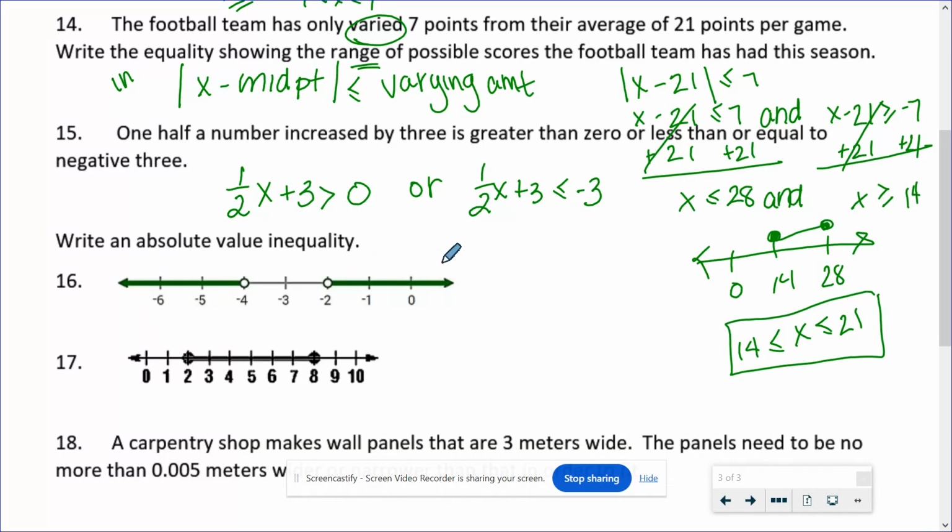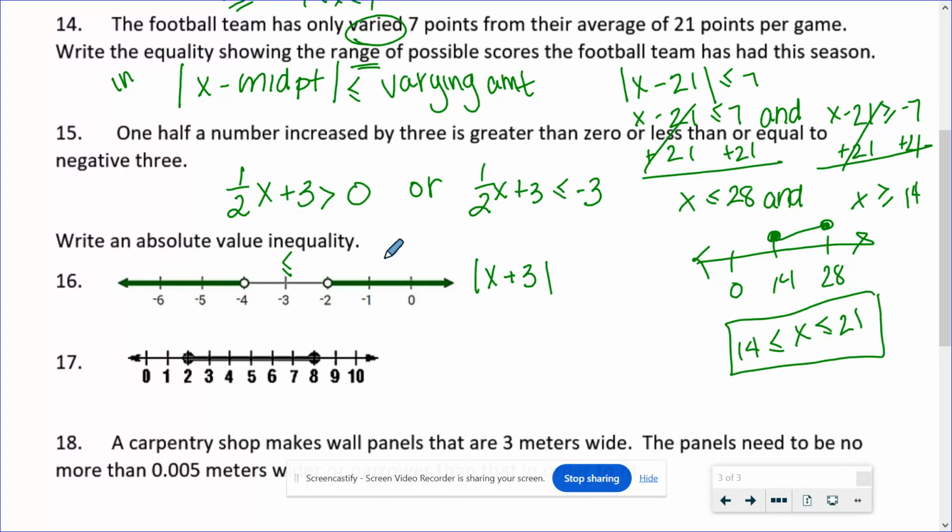So this is where we're going to start with x, subtract the midpoint. The midpoint of those two numbers would be -3, which is actually going to turn it into a +3 because of the minus and the negative. And then it would be less than or equal to if I was talking about this range here, but I'm talking about the numbers on the outside.